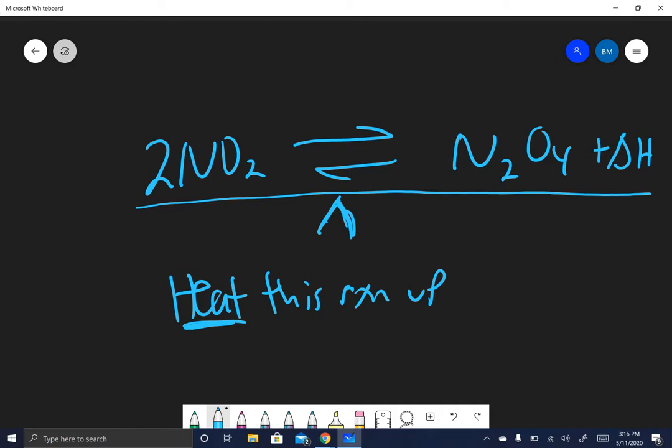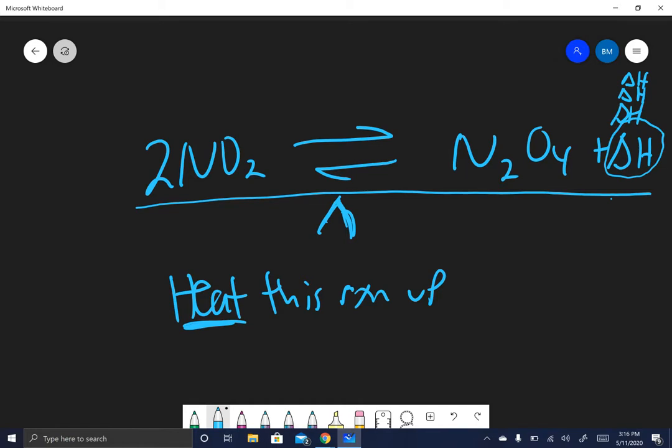Really what I'm doing is increasing this number. So I'm adding more energy to this side of the equation. I treat heat and temperature and energy almost like masses, things I can pile on this side. So if I add more heat to this side, it's like increasing the number of delta H's. So I pile this on.